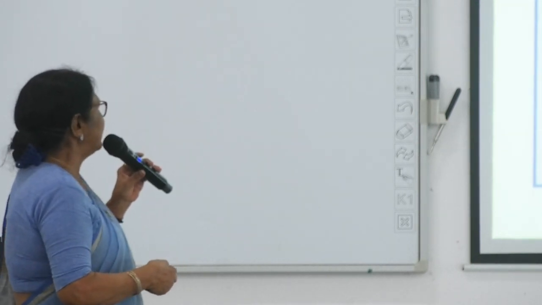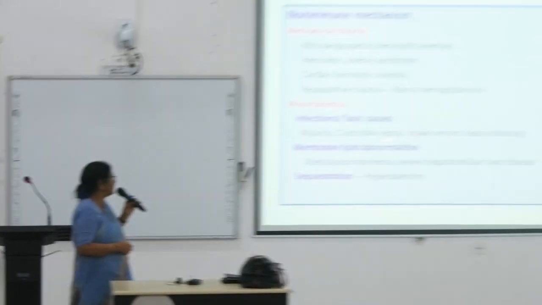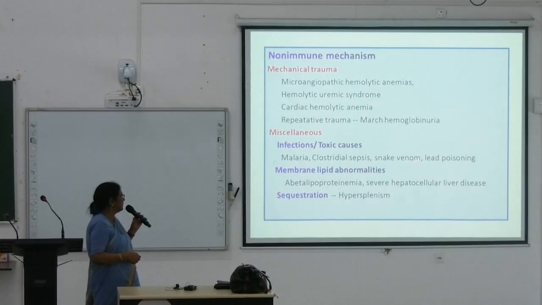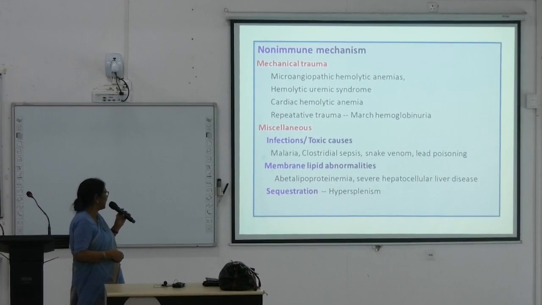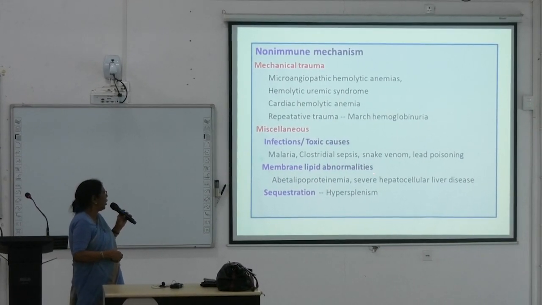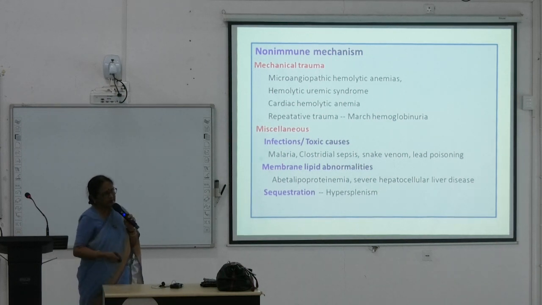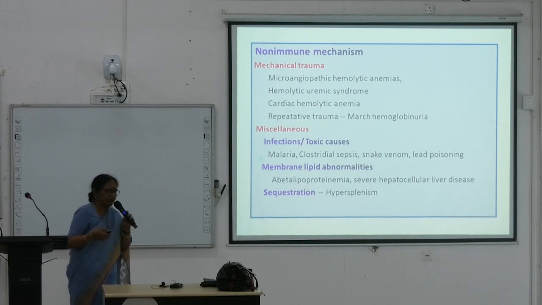And the miscellaneous are the infection or toxic causes: malaria, clostridial infection, snake venom, lead poisoning, membrane lipid abnormalities, that is orbital lipoproteinemia, or severe hepatocellular diseases where there is deficiency or decrease in the production of different proteins.